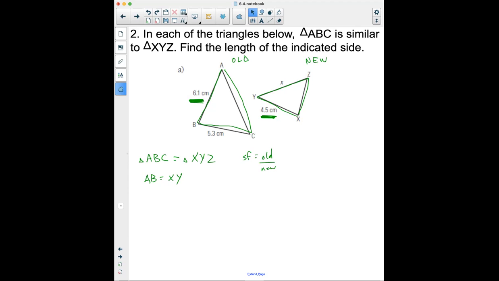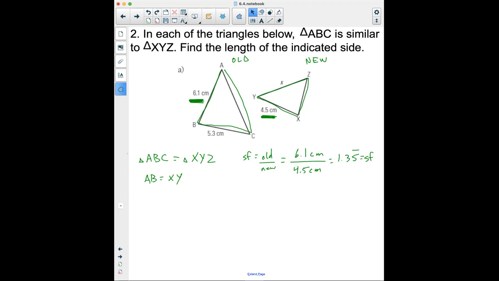And it doesn't really matter, old divided by new, new divided by old, as long as we're being consistent, because we're just applying ratios. So old is 6.1 centimeters, and my new is 4.5 centimeters. So punch those into our calculator, and we get a scale factor of 1.35 repeating.